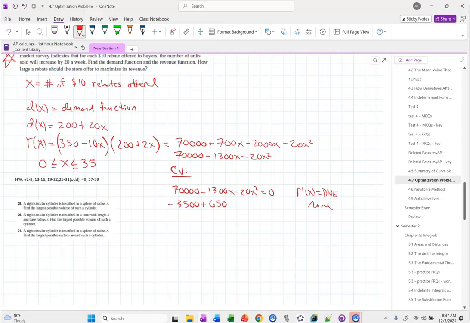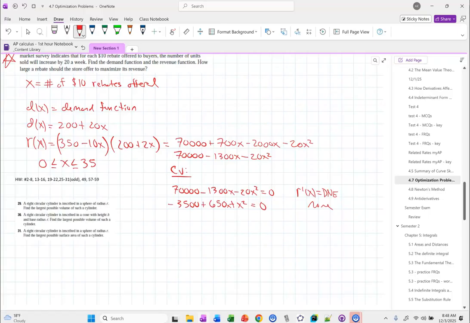That's 650x. Oops. Anybody see how to factor that?